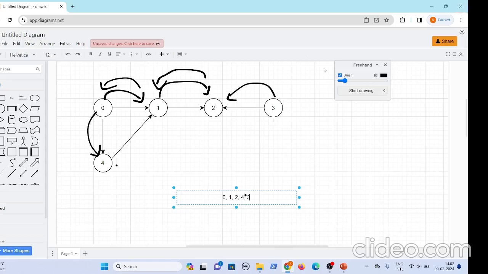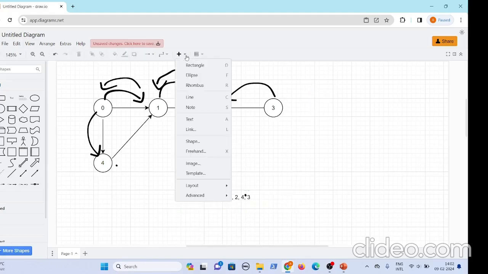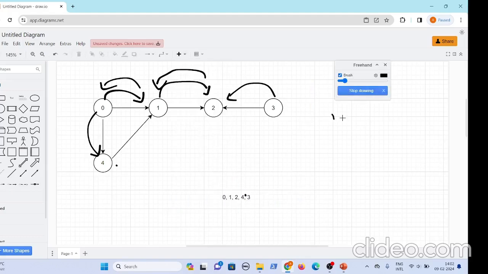So in DFS, we are printing the vertex as soon as we visit it, or pushing it to the stack. In DFS we use the stack, so you push a vertex to the stack as soon as you visit it. What would the stack be in the traditional DFS method? First 0 would be there.